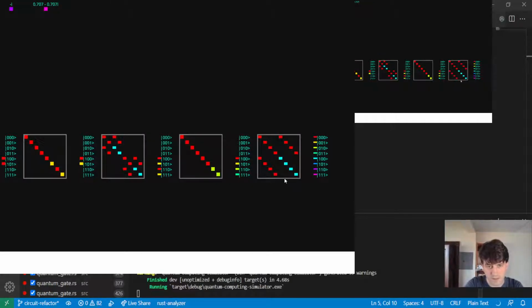Hadamard of 0, 2. Rotation of 1/4. And Hadamard of 0, 3. This is the Fourier transform.